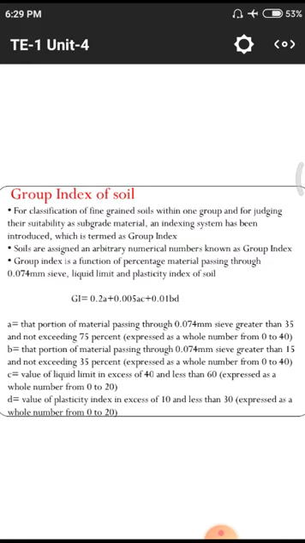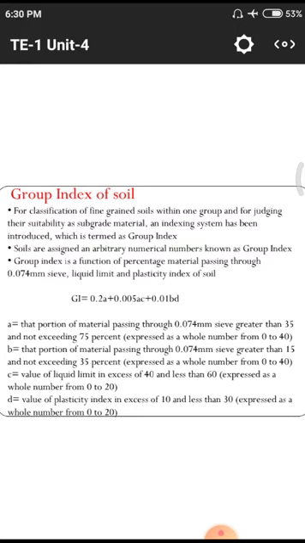They have given a rule that the sieve percentage is greater than 35% and not exceeding 75%. That means we only take these two as boundaries, 35% and 75%.